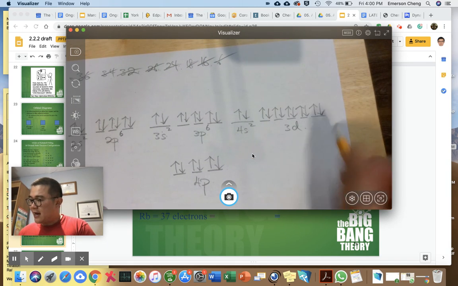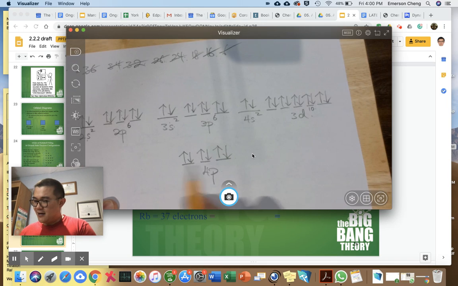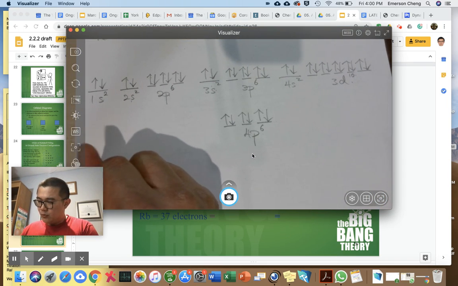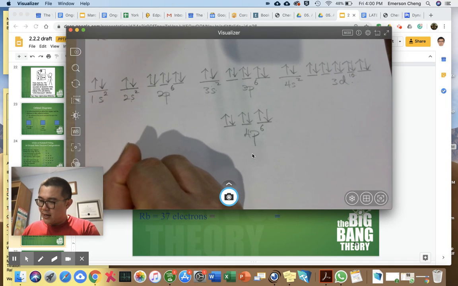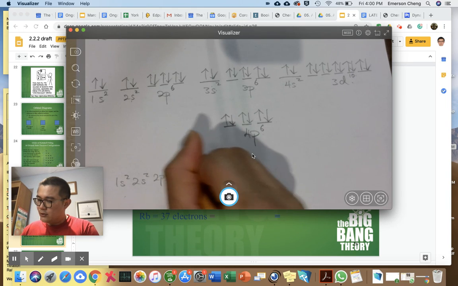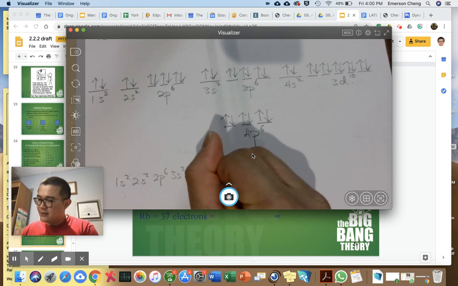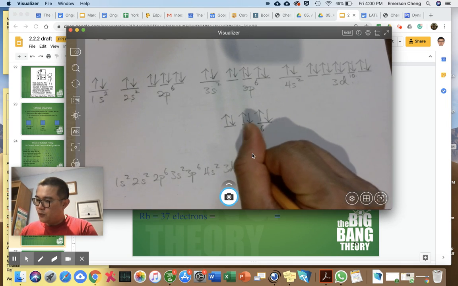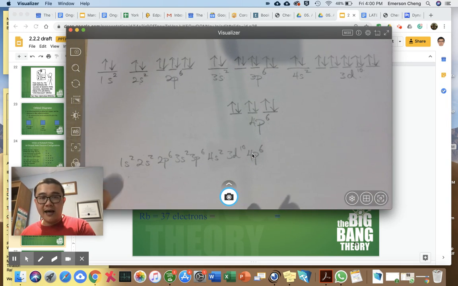I have 10 electrons here. I have 6 electrons here. So to write it neatly: 1s2, 2s2, 2p6, 3s2, 3p6, 4s2, 3d10, 4p6. Okay, that will be the electron configuration of krypton.